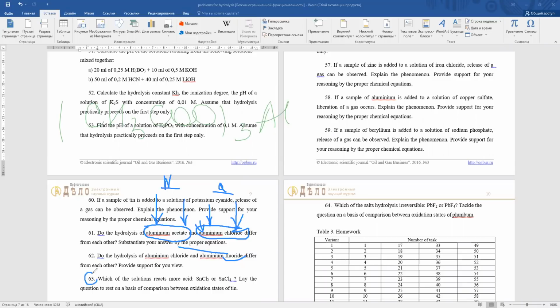And the next problem: which of the solutions reacts with more acid? Okay. So here we have to concentrate on the valence of the metals. Here are two valence. Here four valence. It means after the hydrolysis of the salts, we can take two types of bases.